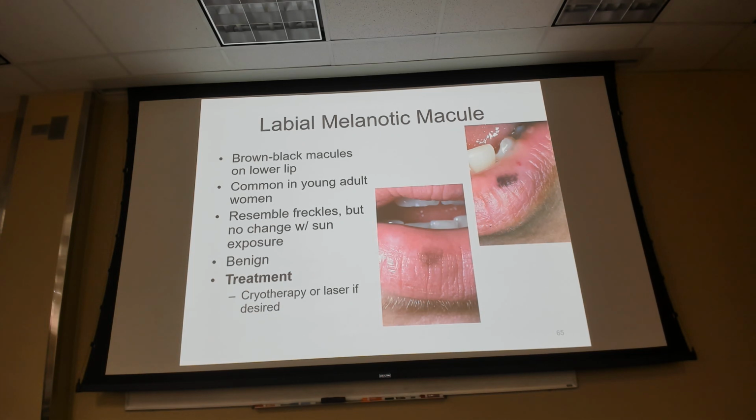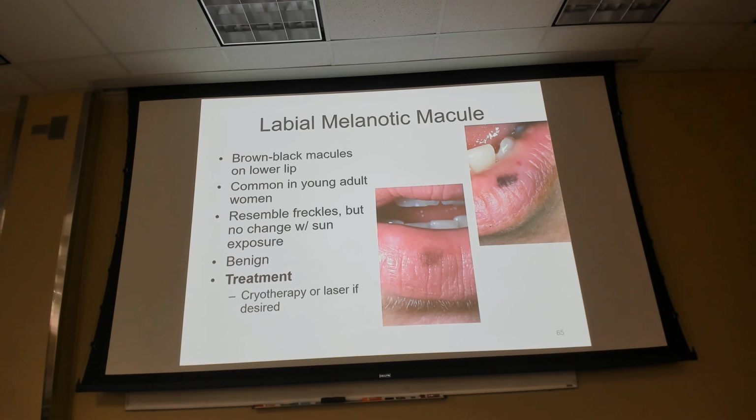Here are the last two that are just breaking them down into what they are. So we have the labial melanotic macule, brown to black macules on the lower lip. It's not on the upper, it's on the lower. Common in young adult women.